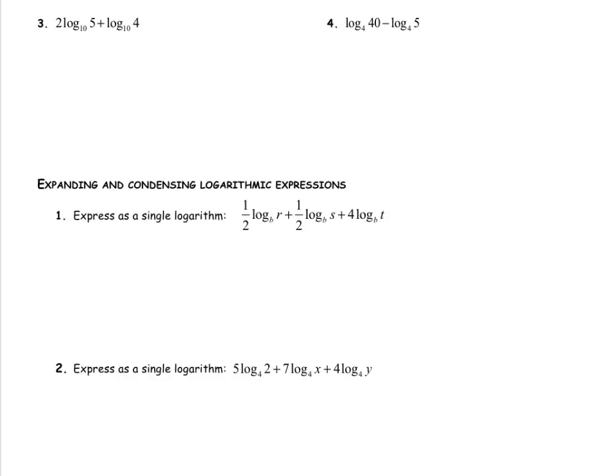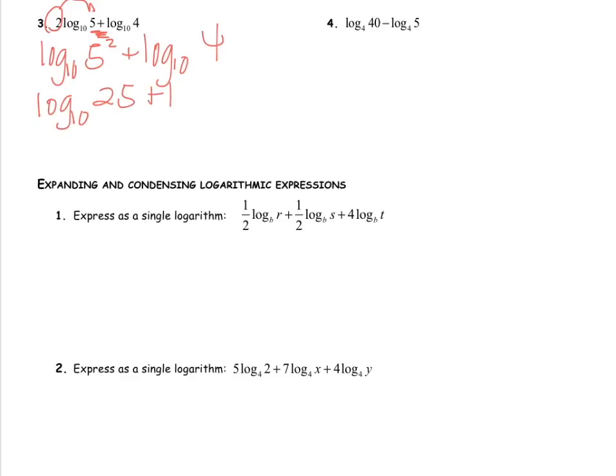Now let's go ahead and do it the other way. So now I have addition and I want to make it multiplication because I don't know log base 10 of 5 and I don't know log base 10 of 4. But before I can make this multiplication, I have this coefficient in front which I need to make the power. So I've got log base 10 of 5 squared plus log base 10 of 4, which is obviously log base 10 of 25 plus log base 10 of 4.